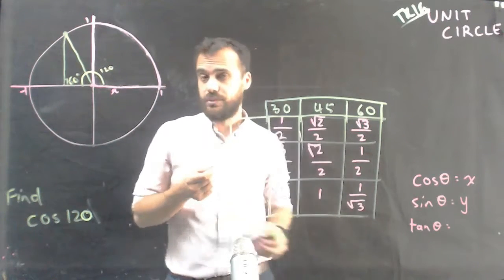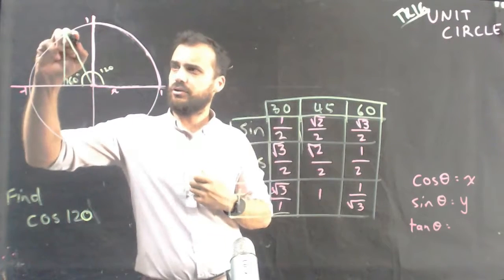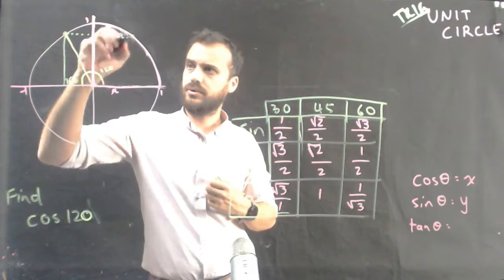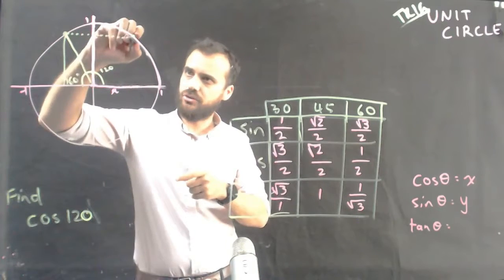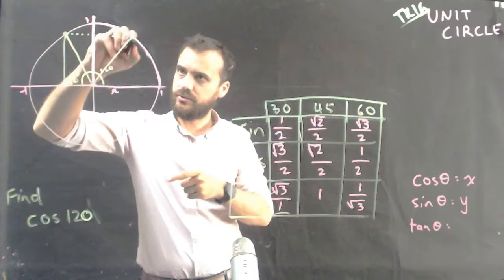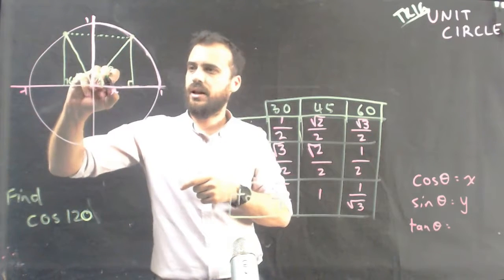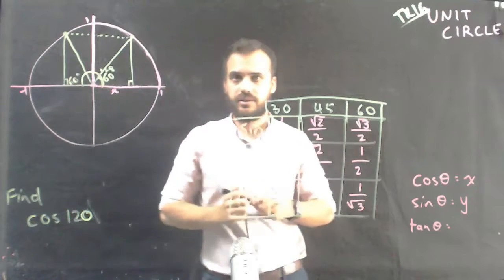Now, where we go from here depends upon symmetry. If I draw a line along here like this, I'm back into the first quadrant. I can draw a triangle there, and that triangle also has an angle of 60 degrees.